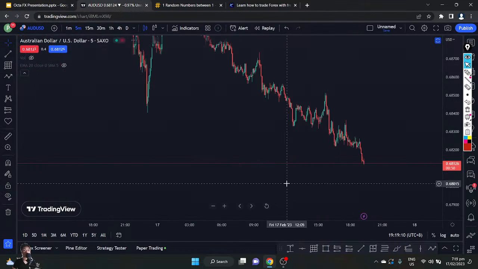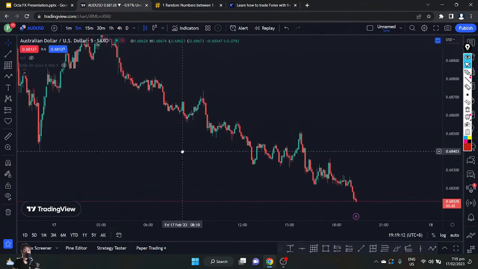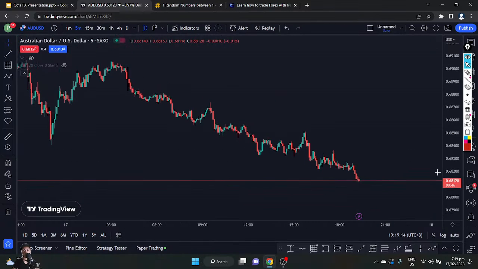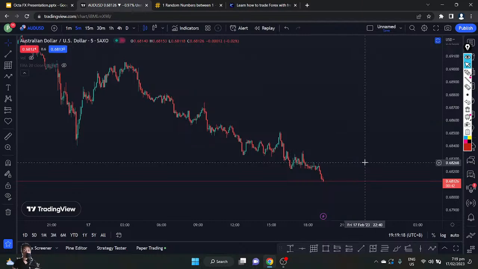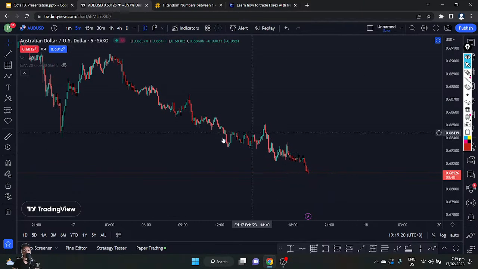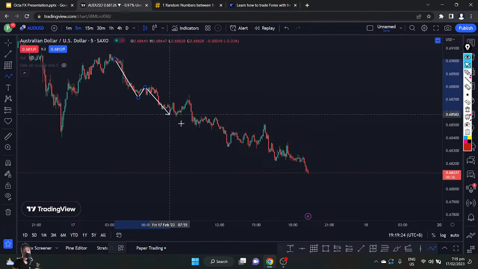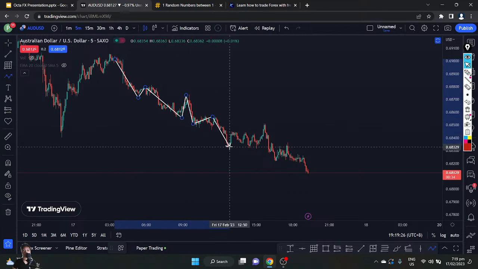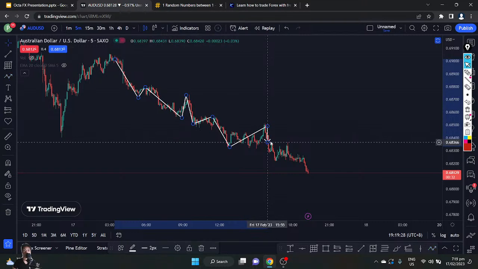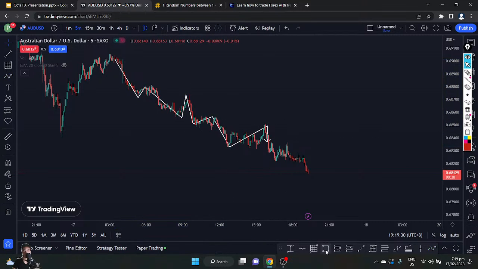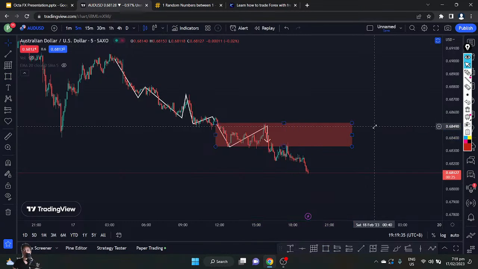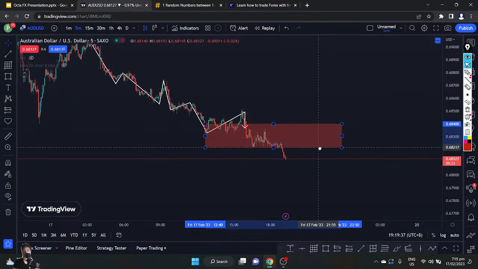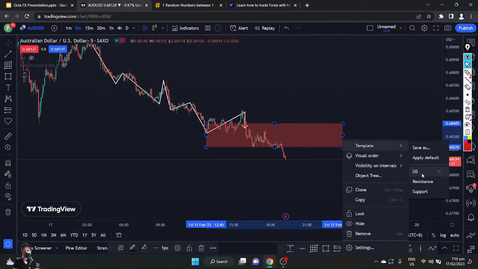So we did it here on the Aussie dollar. Again, the price action structure is very important, because as we can see, we have a clean market structure here, which is creating multiple 1, 2, 3 patterns. Then once the price goes from this level, or this level earlier, we all know what happened here.